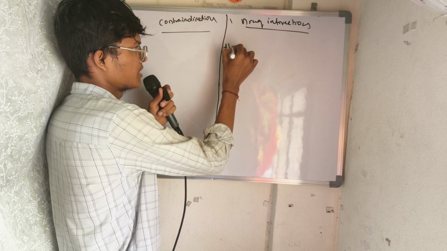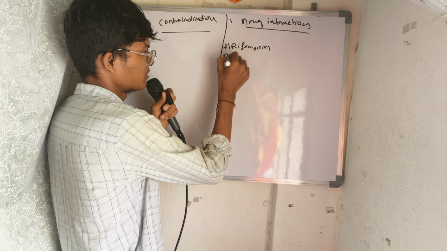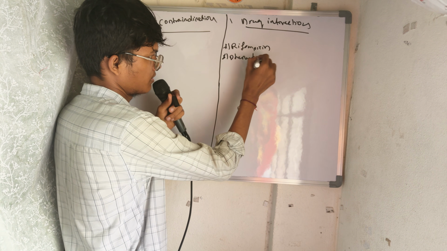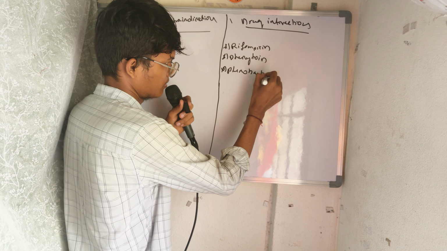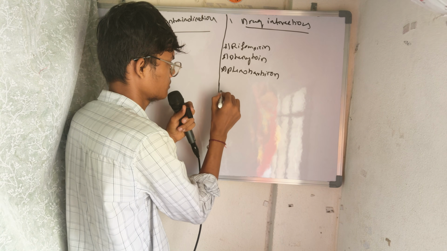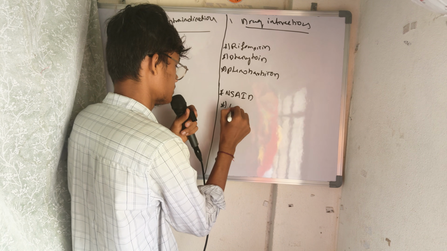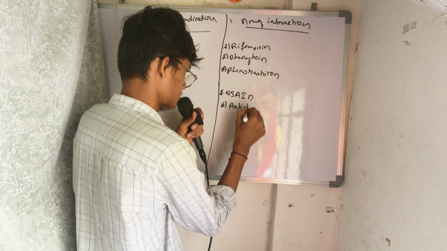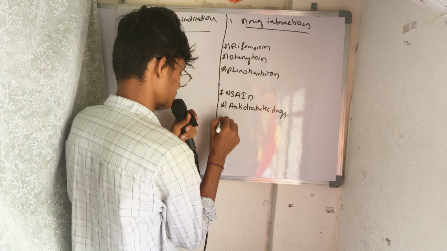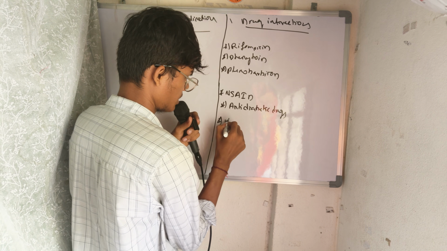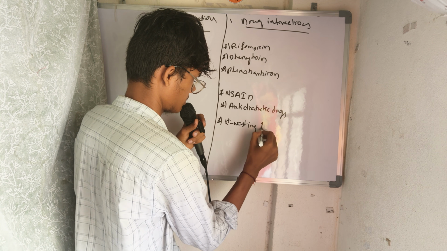The drug interactions, directly: rifampicin, phenytoin, phenobarbital, non-steroidal anti-inflammatory drugs, anti-diabetic drugs, and also potassium-wasting diuretics, not potassium-sparing, it is potassium-wasting diuretics.